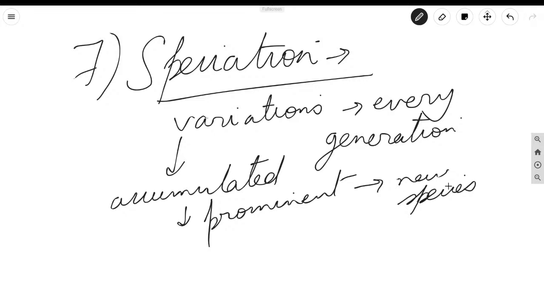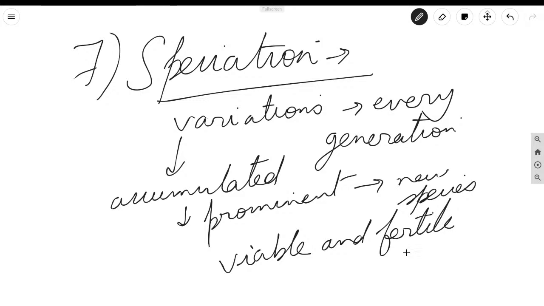Then when you mate the two species, they cannot mate, and even if they do, they will not be able to produce viable and fertile offspring.